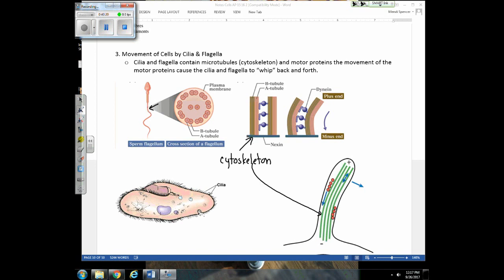So that's the cytoskeleton that's in the cilia or the flagella. And then we can see that these molecules, those are the motor proteins. In addition, you can also see them being diagrammed right here. So it's because of the interaction of motor proteins and cytoskeleton that the cilia and the flagella are able to whip back and forth.